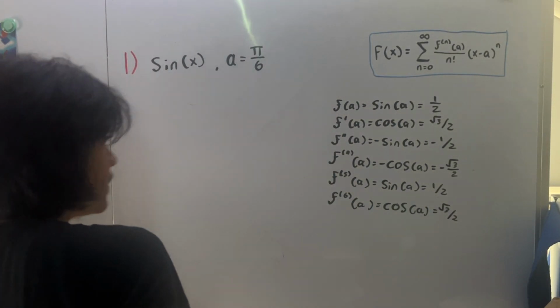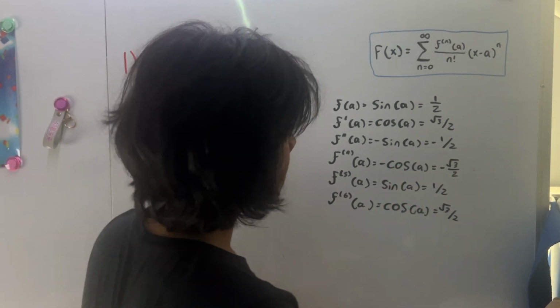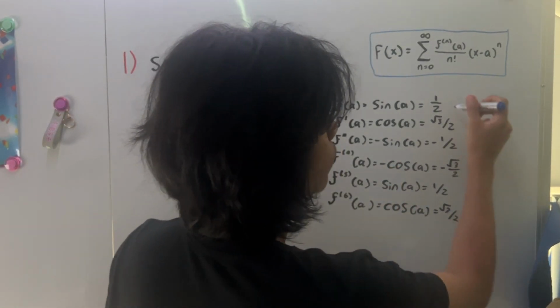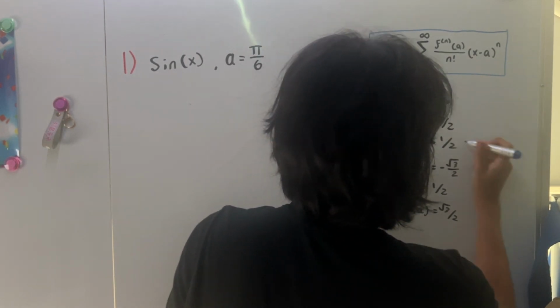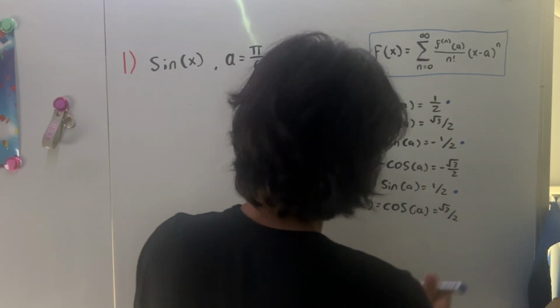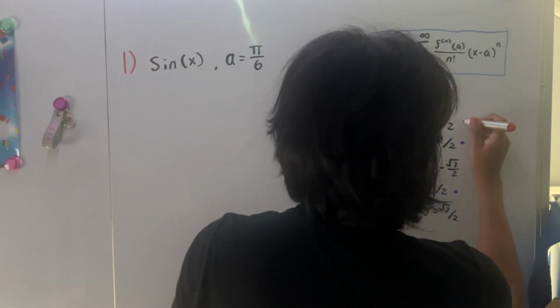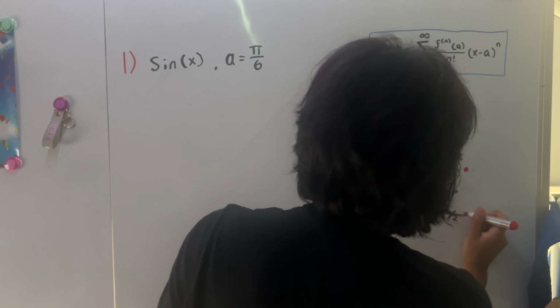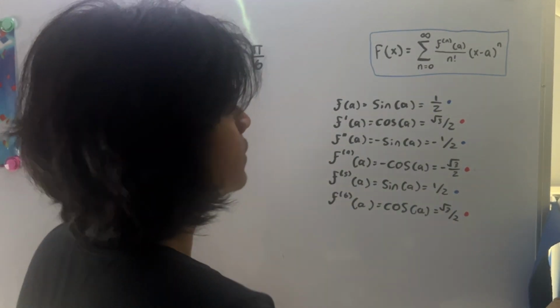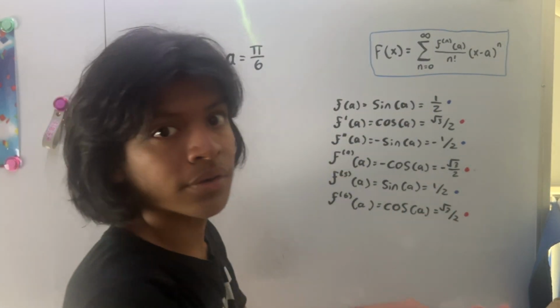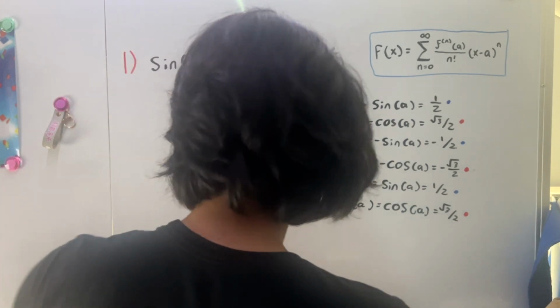So what I'm actually going to be doing is representing the 1/2 terms with the color blue, and the square root of 3 over 2 terms with red. That way we could keep track, so that we could put them together when we write out our main series.